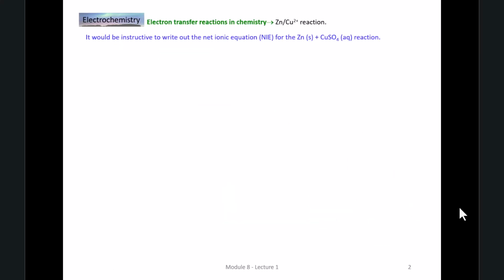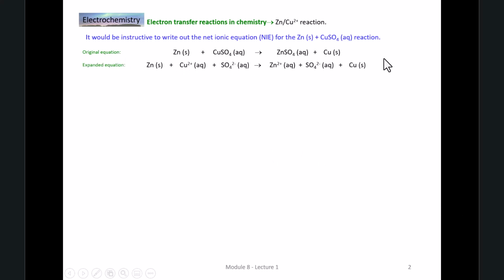It would actually be helpful to write out the net ionic equation for this reaction of zinc metal with copper sulfate solution. So to do that, we'll write the original equation and then expand the equation to show more information. And by that we mean that copper sulfate aqueous really means copper 2+ ions plus sulfate ions separated in the solution.